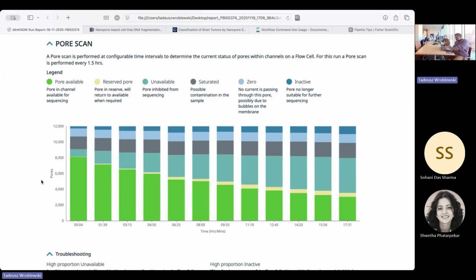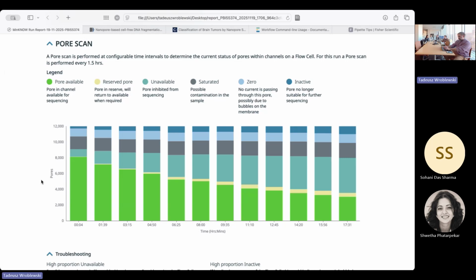Here also the same thing. If you see a sharp drop here of active pores or available pores, then that is concerning. Like in 5 hours, you see 90% is gone. Usually it is because of sample contamination.